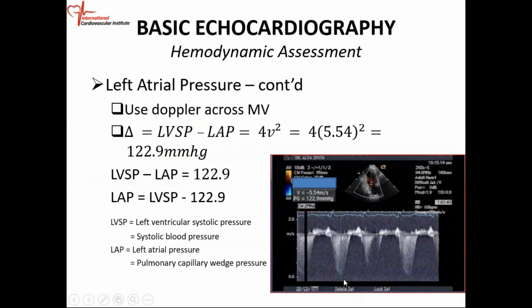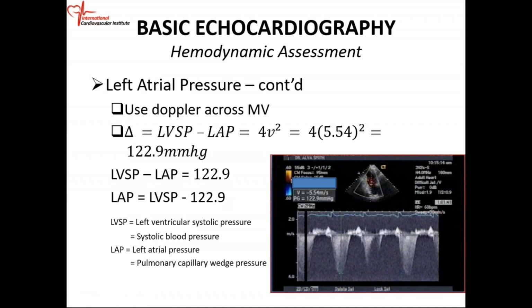This velocity squared multiplied by 4, and you get this number, 122.9. Because we are interested in knowing what the left atrial pressure is, once you rearrange your equation, you can see that the left atrial pressure is equal to the LV systolic pressure, which is your systolic blood pressure, minus the gradient.